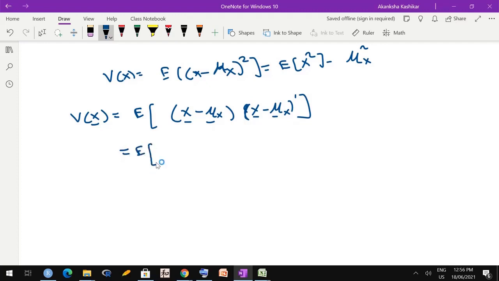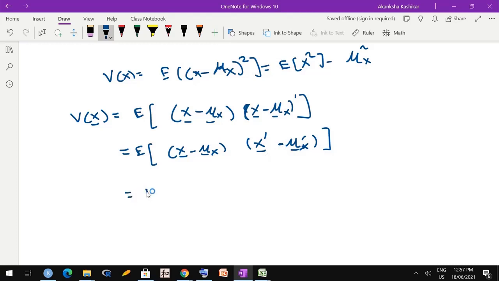So let me try. x minus mu x I would write as it is, and (x minus mu x) prime I can write as x prime minus mu x prime. I can take the prime inside the bracket because it's not a product, it's just subtraction.